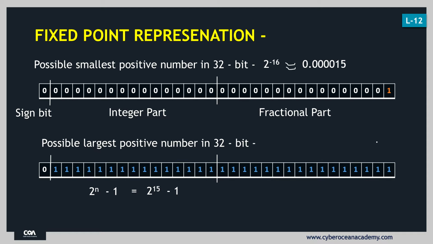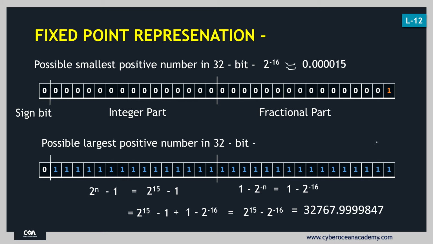In the fractional part the maximum value is 1 minus 2 to the power minus n, and since we have 16 bits for the fractional part, it is 1 minus 2 to the power minus 16. After adding these numbers we get the maximum positive number, which is equivalent to 32767.999847, approximately 32768.